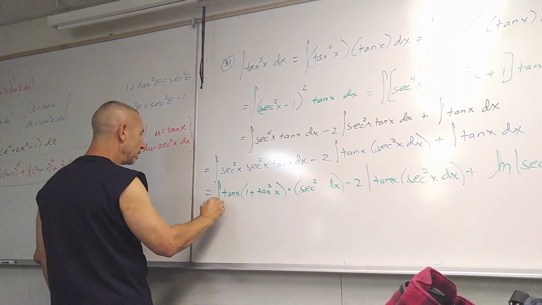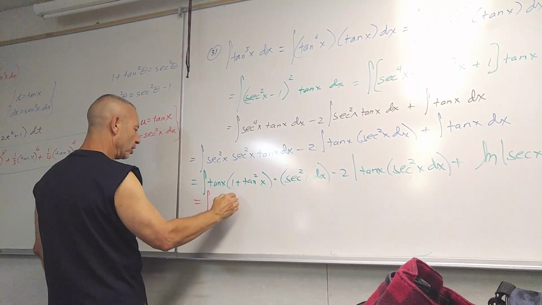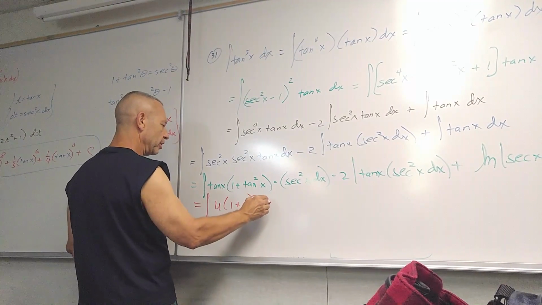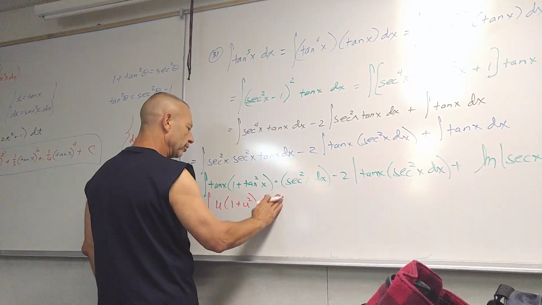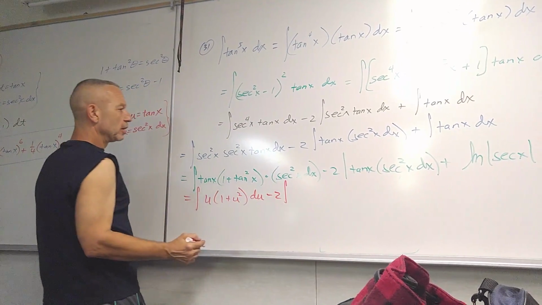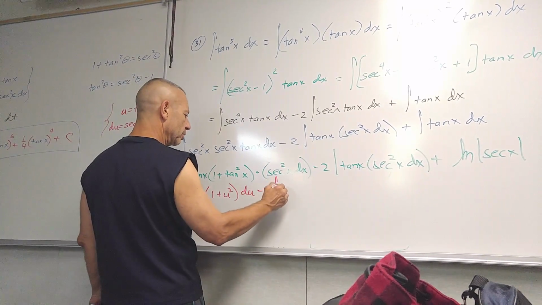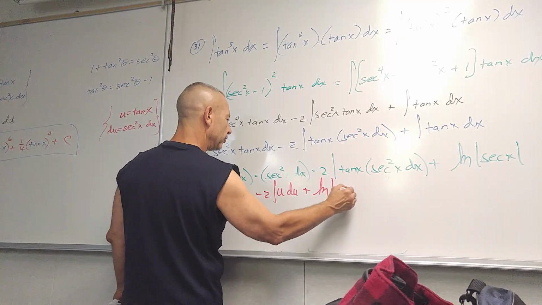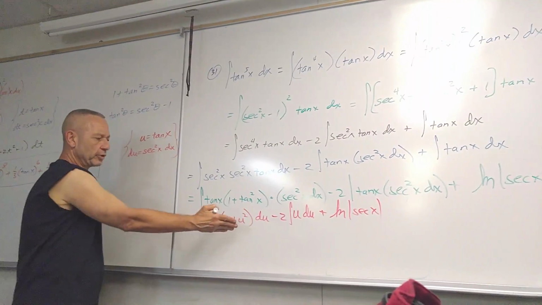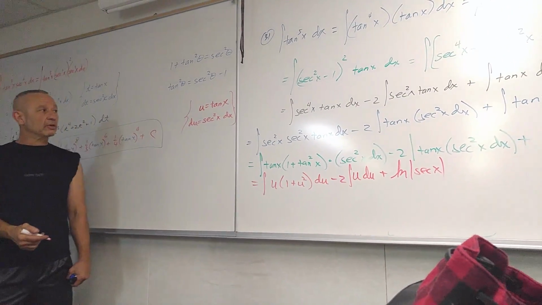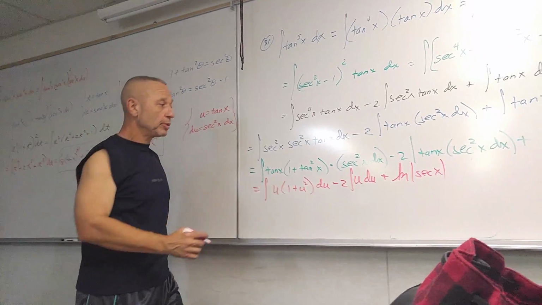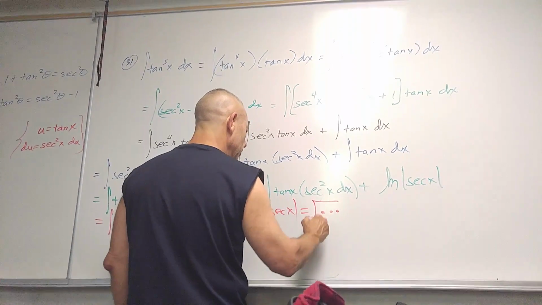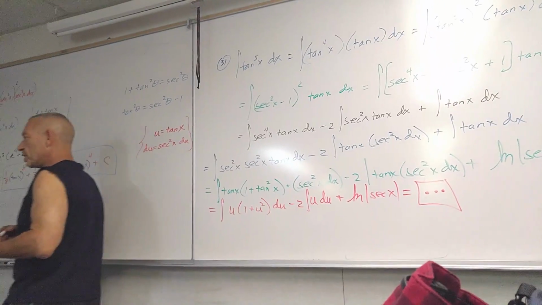So now we've got integral u times 1 plus u squared, where secant squared x dx is du, minus 2 integrals u du plus ln absolute value secant x. Well, these are now easily done, and once you integrate them, you back substitute for u. So in the interest of saving time, I'm just going to put a dot, dot, dot, and you cannot do that on the exam.